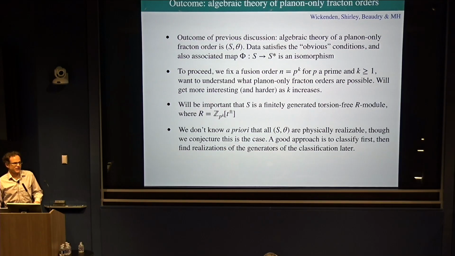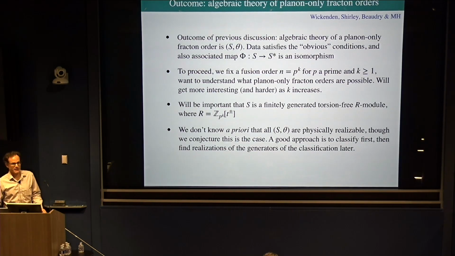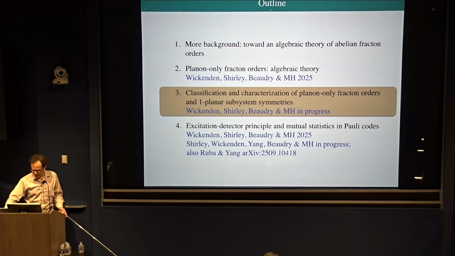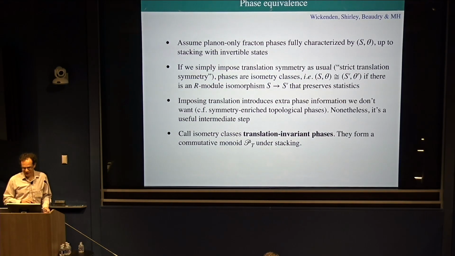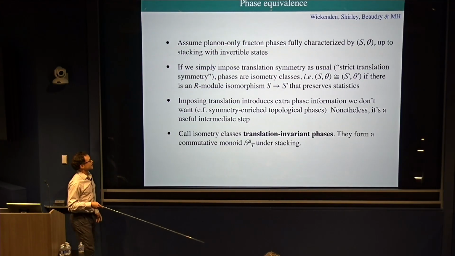That's a much easier thing to do than trying to show realizability in general in the abstract, which could be pretty hard. Okay, so now I want to tell you something about classification and characterization of these planar-only Fracton phases.